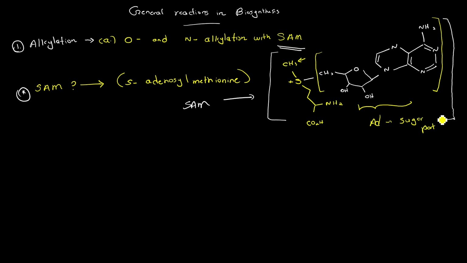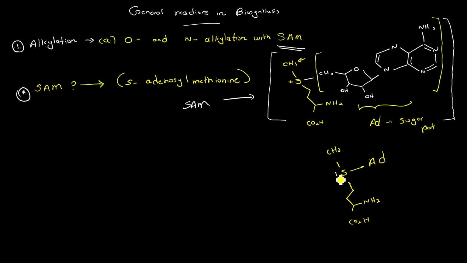So when you are looking at this SAM molecule, you don't need to memorize this structure, but you need to have an idea about this sulfur center. So you can memorize it like this: there should be a methyl group, and there should be this chain with an NH2 group and a CO2H group, and on the sulfur we have a sugar group. This is all you need to memorize, right?